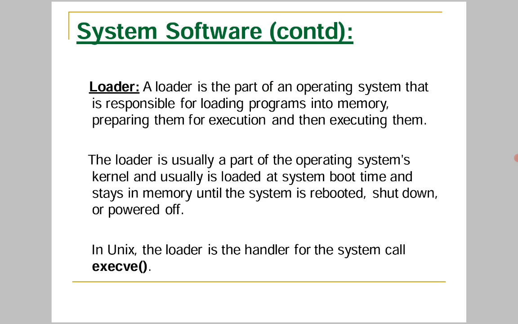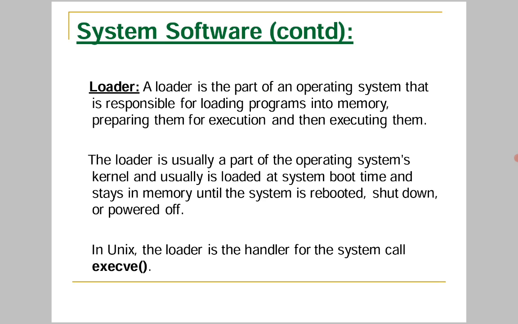The loader is another important application software which is designed and developed to come along with the operating system, for loading programs into memory, for executing them and running them.